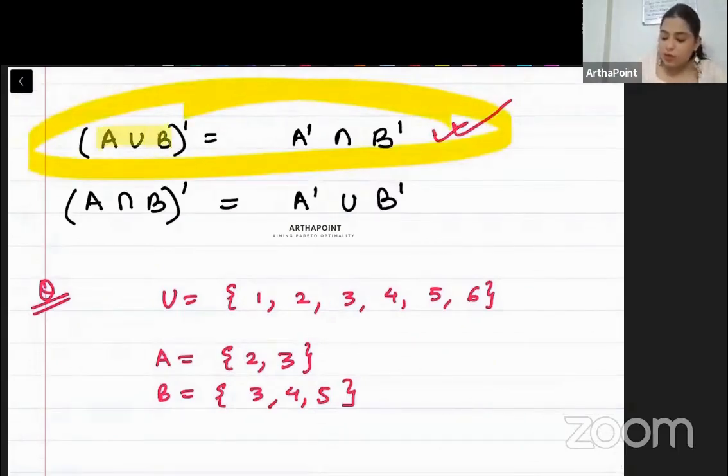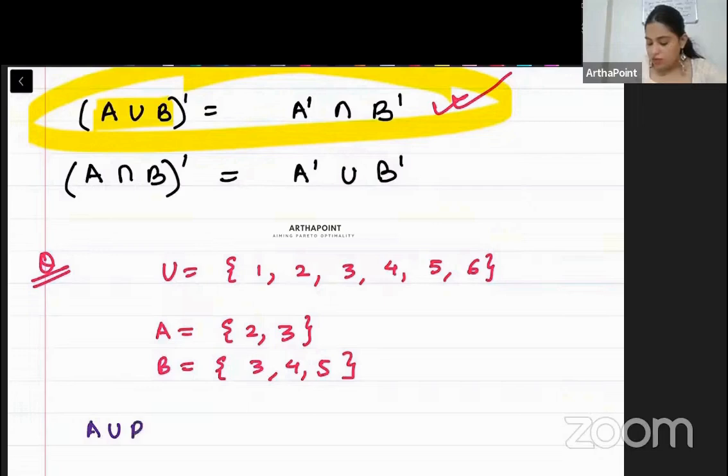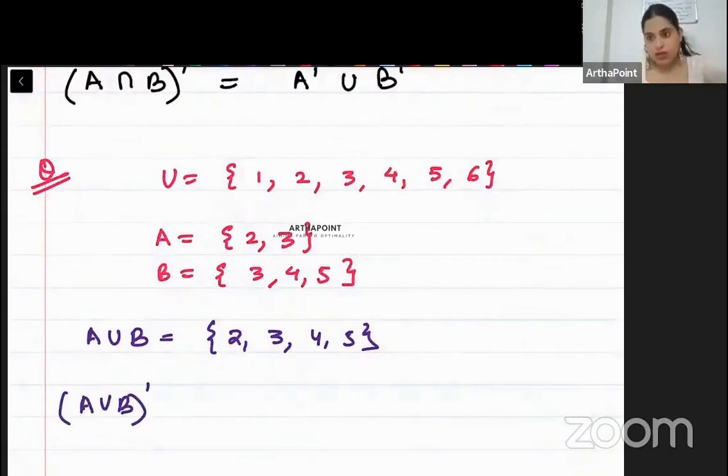So can you tell me what will be A union B, beta? A union B means all elements in A and B. So you will get 2, 3, 4, 5. If you have to find its complement, it means from the union, you will subtract this. Union mein se isko hata do. So what will you get? You will remove 2, 3, 4, and 5. You will get beta 1 and 6.